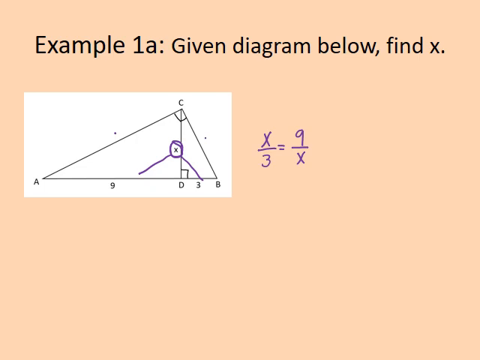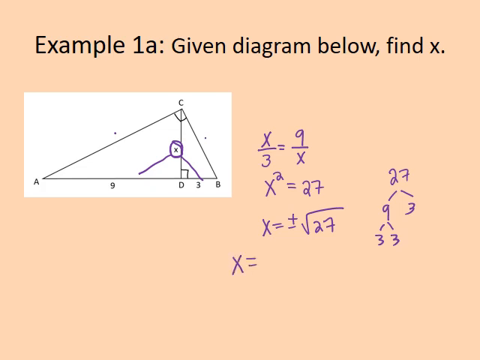Now once we have that set up, we're going to solve that proportion. So we have X times X, which is X squared, equals 3 times 9, which is 27. Now we need to solve for X. So X equals plus or minus the square root of 27. Now we're going to break up the radical. This is where all the radical stuff comes back. So 27 is 9 and 3, and 9 is 3 and 3.